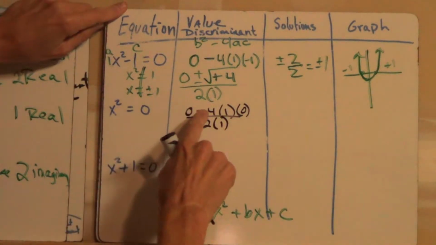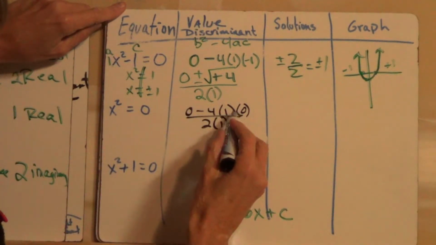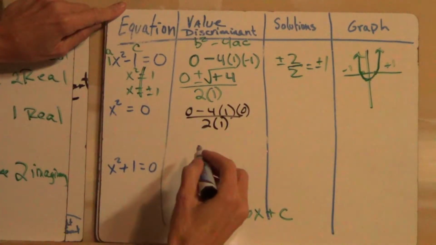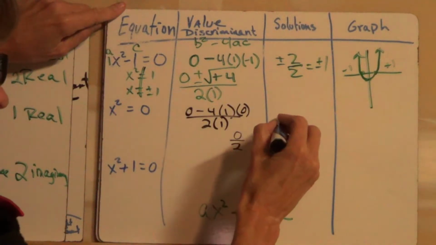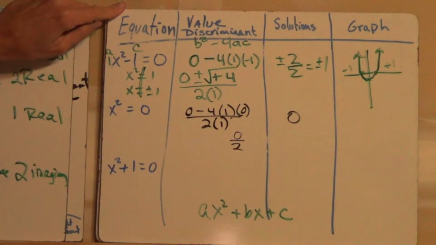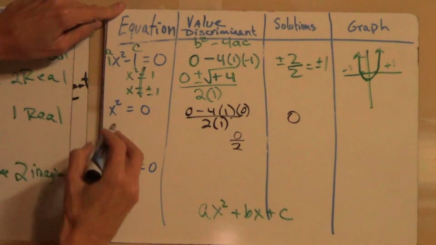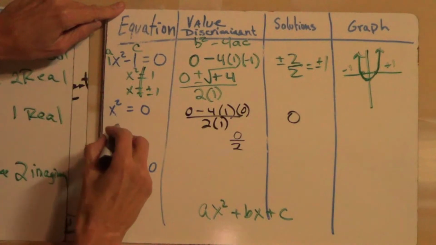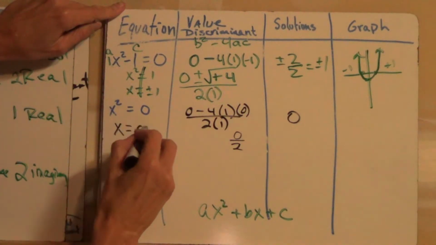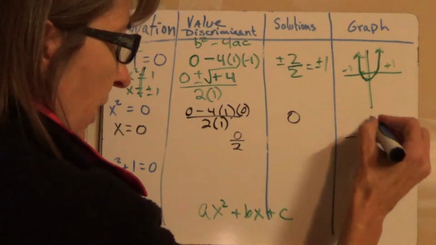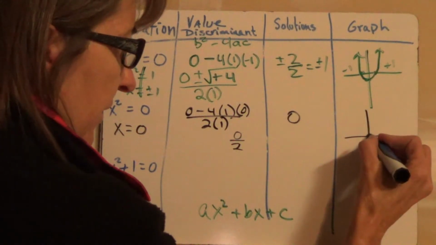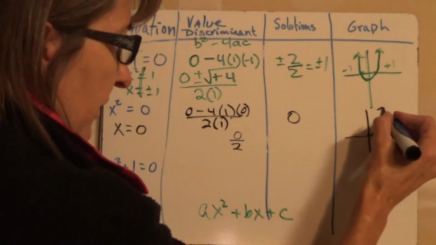Okay? 0 minus 4 times 1 times 0 is 0. 0 minus 0 is 0. 0 over 2 is equal to 0. There's no plus or minus on 0. And the square root of x squared is x. Square root of 0 is 0. So what this is saying is on this graph, the vertex is touching right at 0.